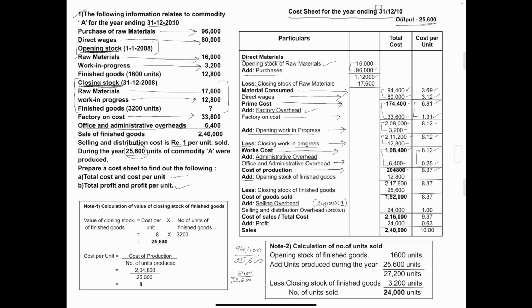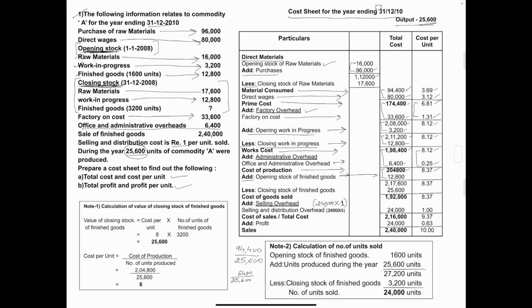Raw material we have taken, work in progress taken. Next is finished goods. Finished goods amount is 12,800. So write here, add opening stock of finished goods 12,800. We will take it under the total cost only, 12,800.